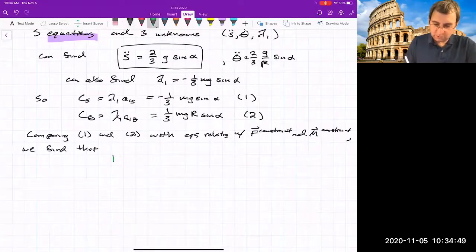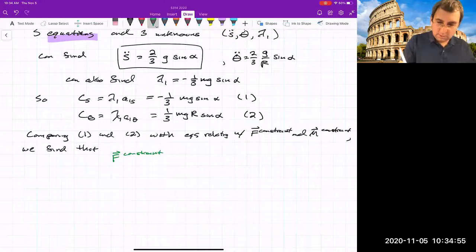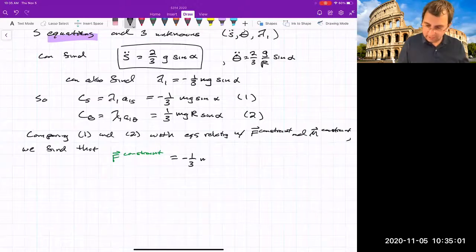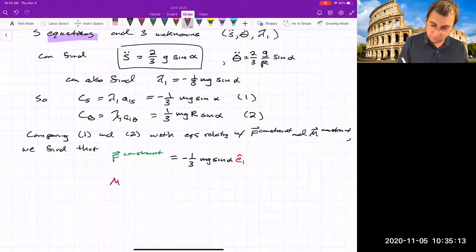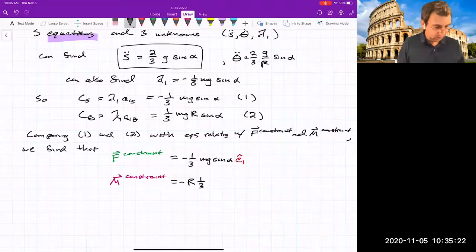We can find that the force of constraint is equal to negative 1/3 mg sine alpha in the E1 direction. That's parallel to the ramp. We'll sketch this, and the moment of constraint is equal to negative R times 1/3 mg sine alpha in the E3 direction.